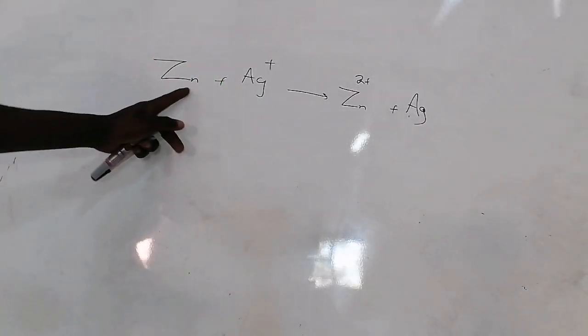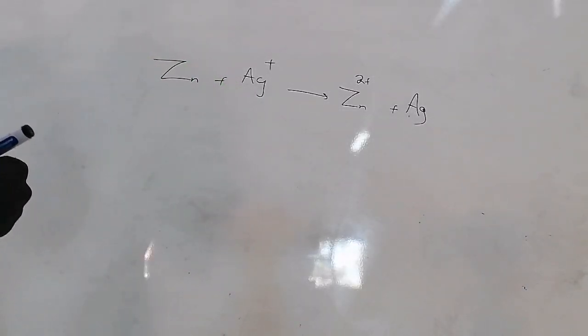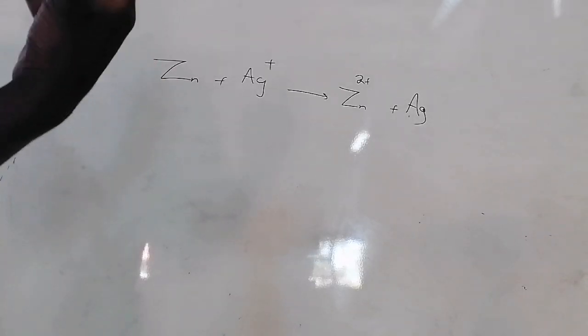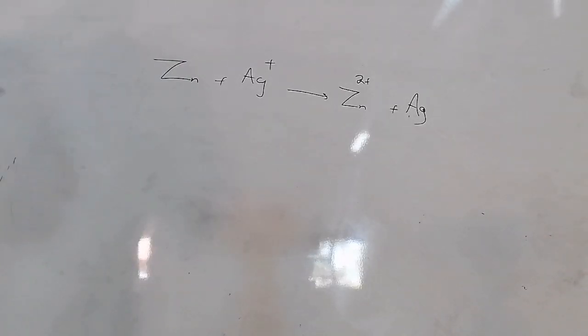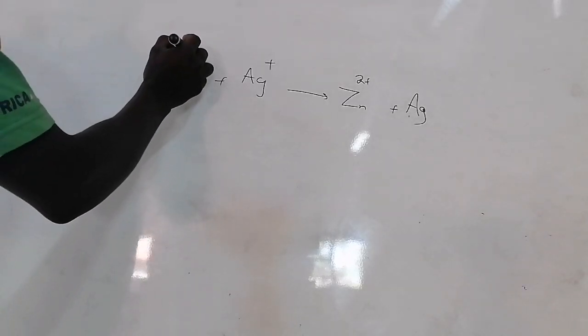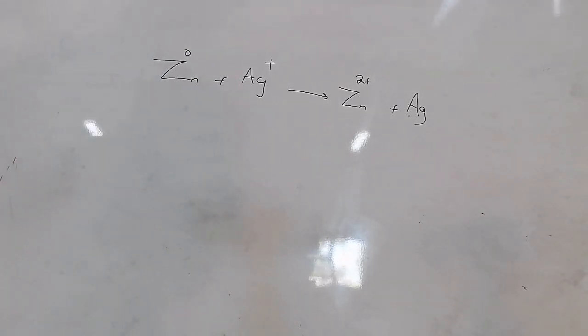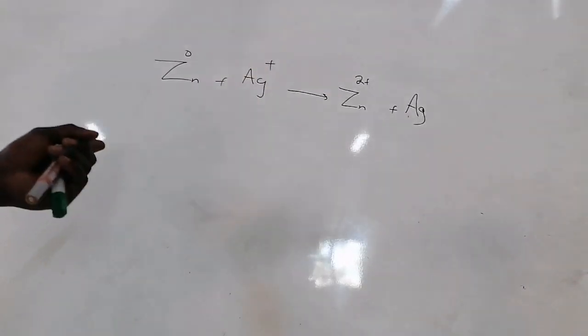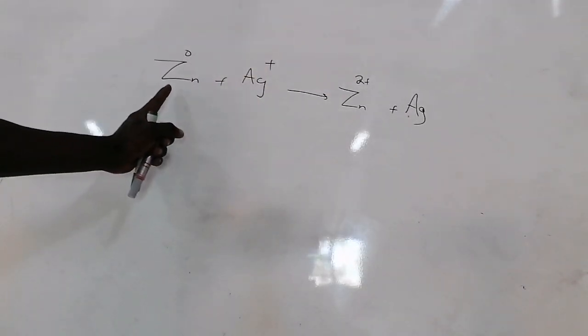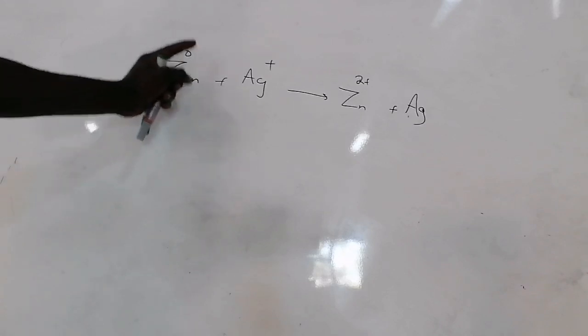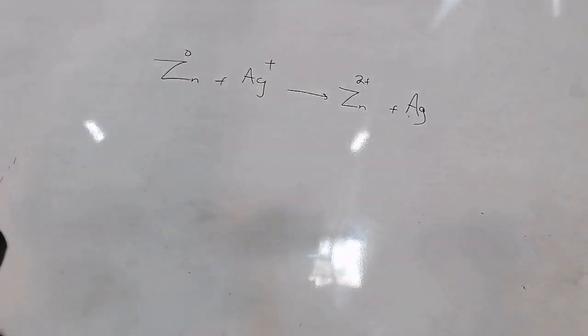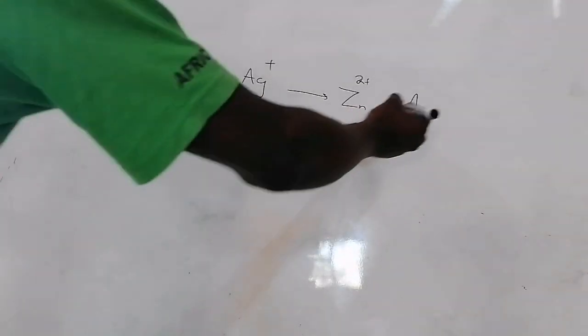Now this is a monoatomic element. Since it is not bonded with any other elements, its oxidation number is always 0, right? Likewise on the zinc on the side of the reactants and the silver on the side of the product, it is also 0.